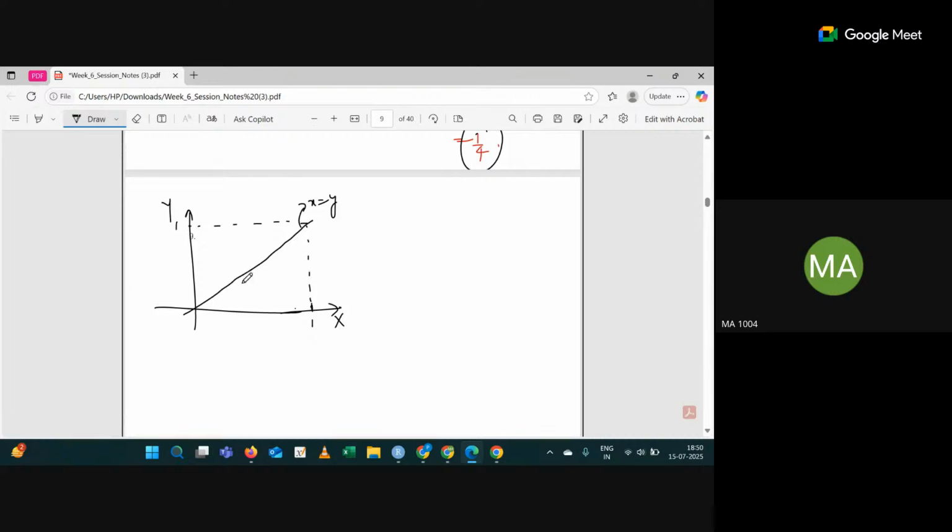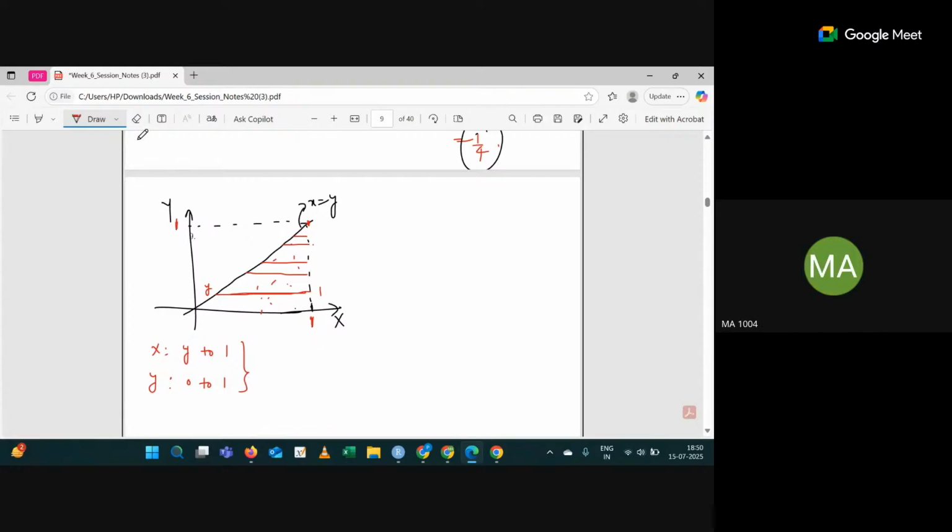If I draw a parallel line with respect to the x axis, x is from y to 1, and y can take any value from 0 to 1, right? This is 1, this is 1. Y can take any value from here to here. It's free. So x is y to 1, and y is 0 to 1. Is this okay?